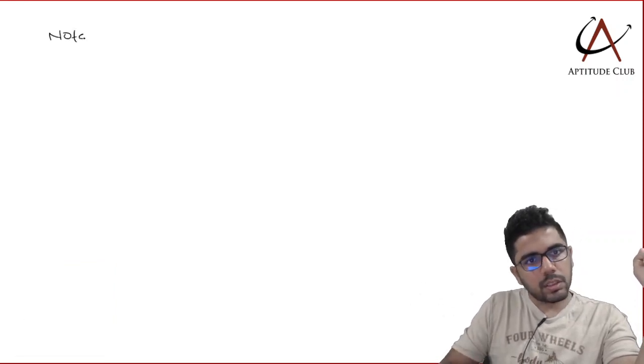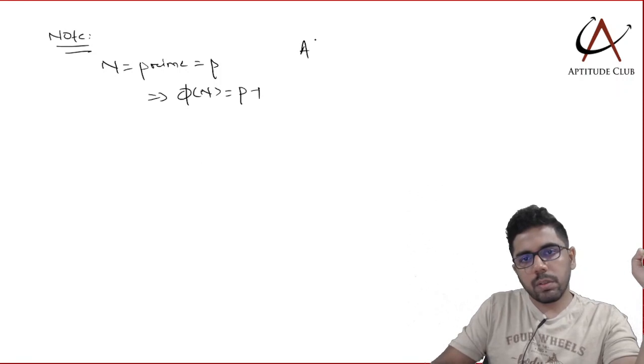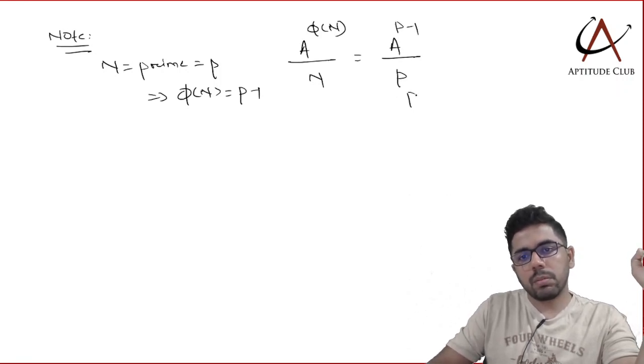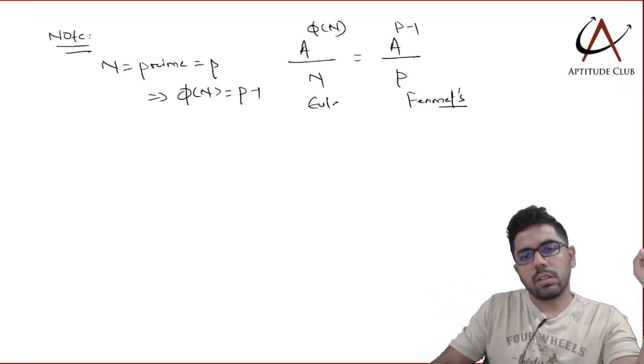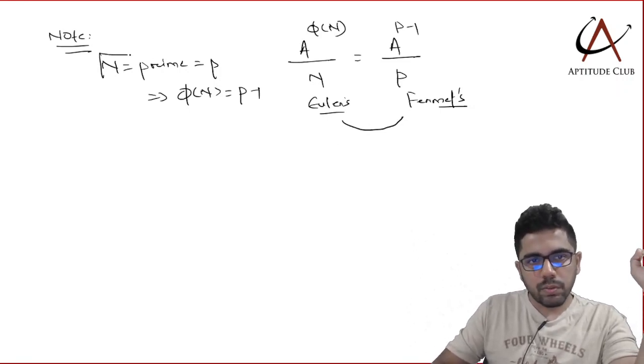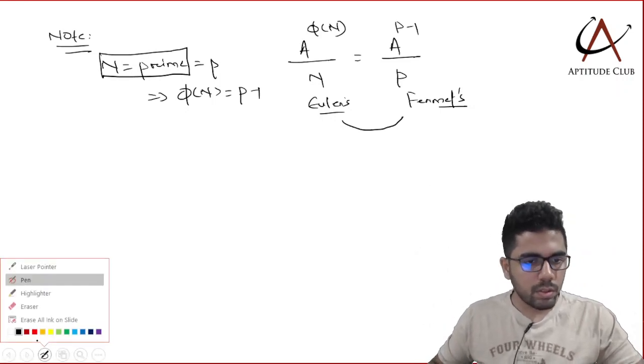So it is like a special case. मान लो if n is a prime number p, this implies phi of n will be p minus 1. So look at Euler's theorem, a to the power phi n by n; if n is p and phi n is p minus 1, तो ये बन जाता है Fermat's, and this is Euler's. समझ रहे हो? So if n is a prime number, Euler's theorem becomes Fermat's theorem, but principle wise it is the same.